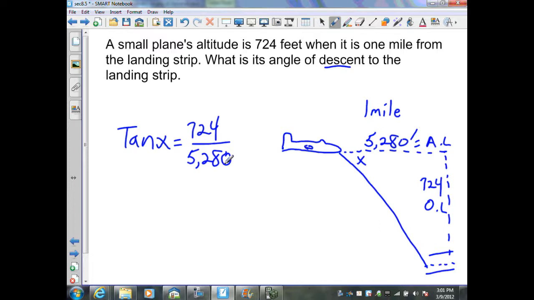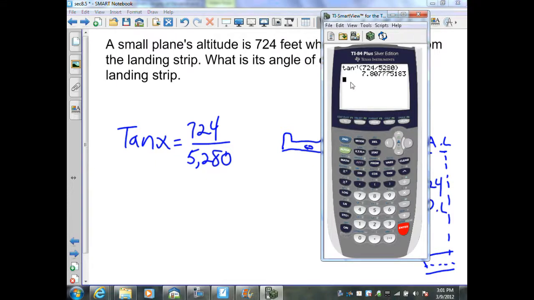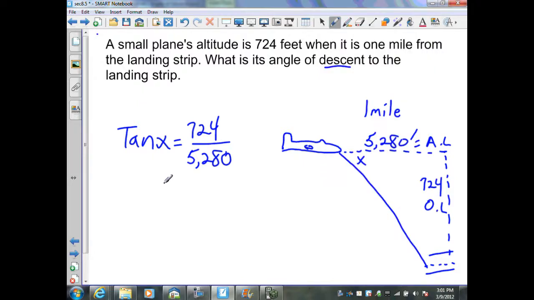Remember, I need to have my units be the same for my measurements. Here I have feet and feet. Now, to find the value of x, I need to press second tangent and enter the ratio 724 over 5,280. I do that because I'm finding an angle. After entering that into the calculator, I get approximately 7.8 degrees. And when I round 7.8 degrees, I get an angle of descent of approximately 8 degrees.